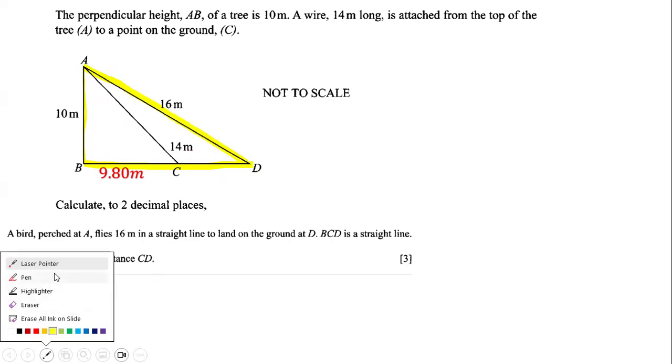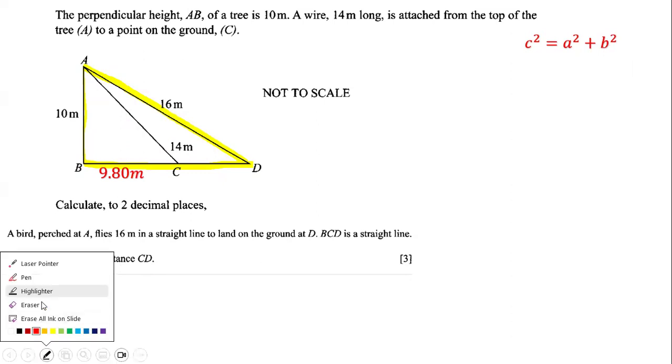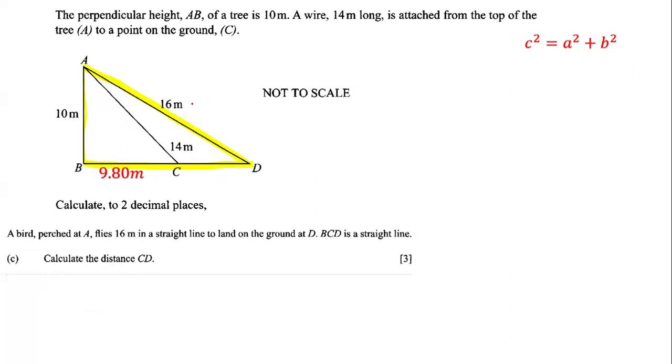In order to do this, we're going to use Pythagoras theorem. Pythagoras theorem says that C squared is equal to A squared plus B squared. Now, what do we have? We have the side C. This is the hypotenuse, and it is going to be 16. We also have A, which is 10.